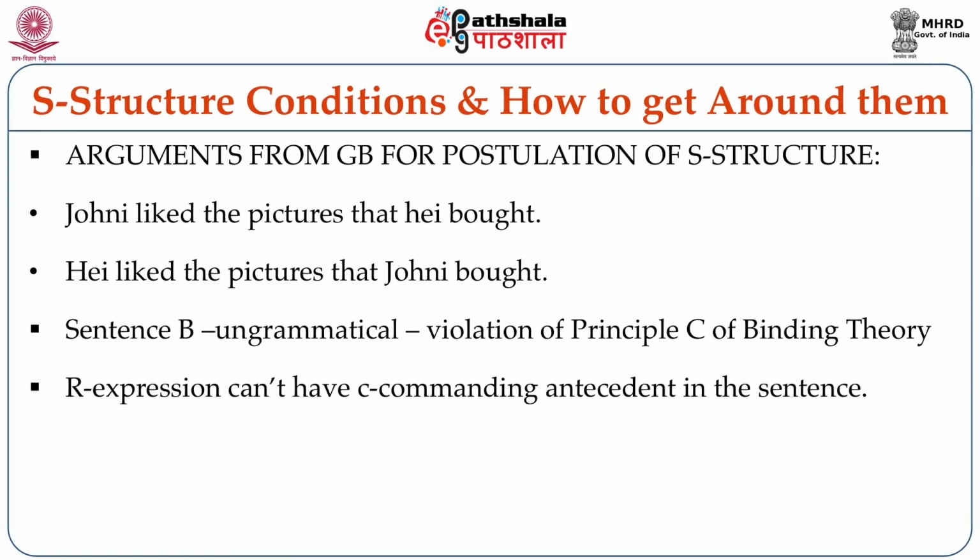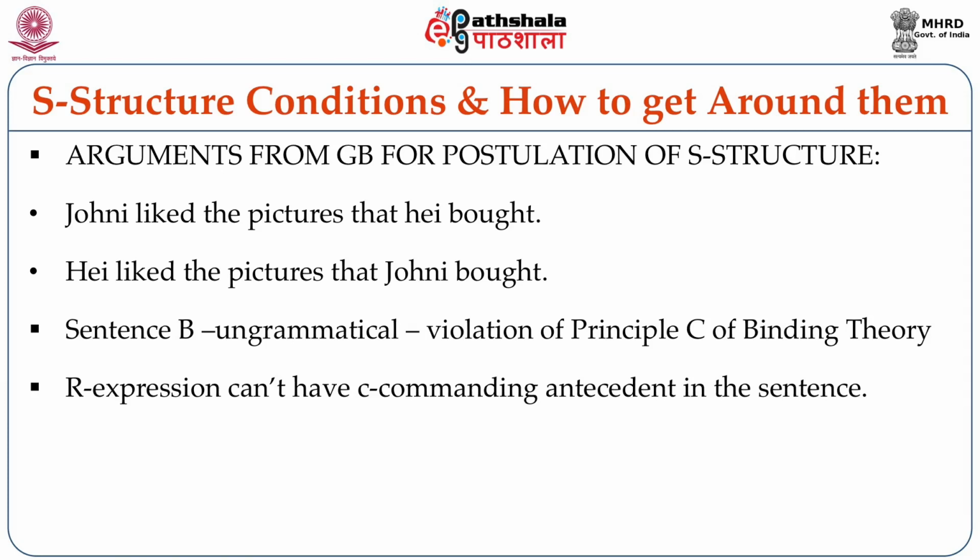Sentence A is grammatical and is successfully meaning what the sentence wants to convey, but sentence B is ungrammatical when we reverse the order of John and he. Now sentence B is ungrammatical because it violates principle C of binding theory.